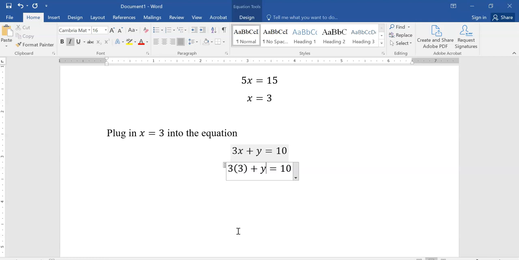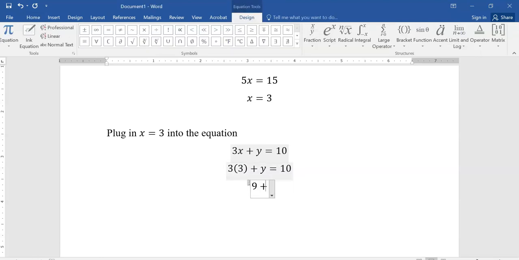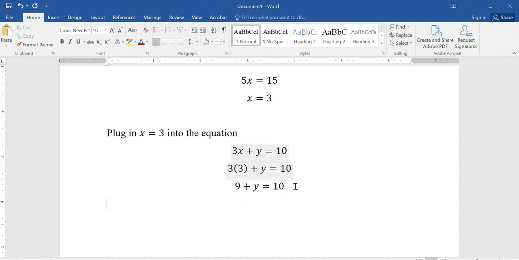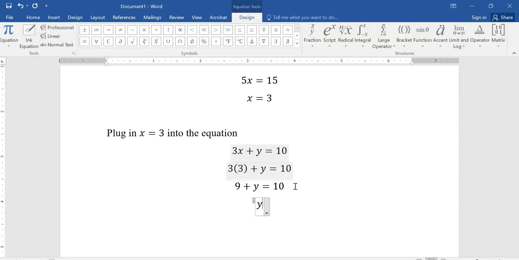3 times 3 is 9. So what you get is 9 plus y equals 10. In order to get y by itself, we just subtract 9 from both sides. When you subtract 9 from both sides, you get y equals 1. So there you go.